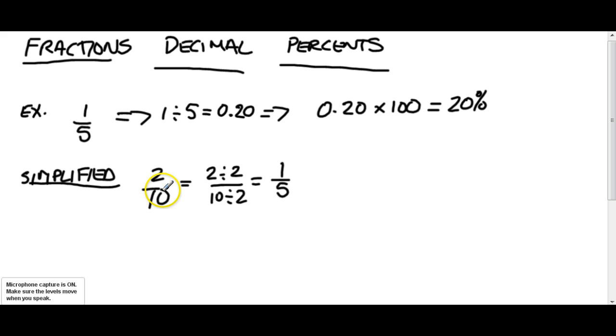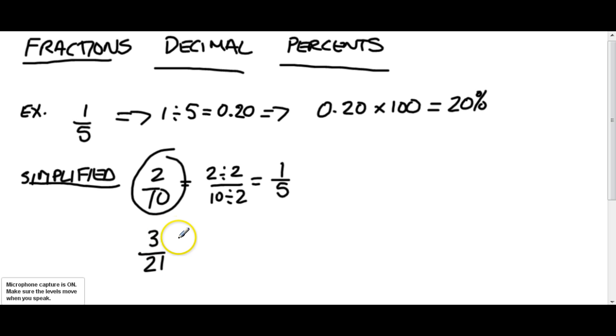Most of these simple fractions you can do in your head, but it's very, very important that when we're dealing with fractions, decimals, and percents, in preparation for learning about probability and odds, we make sure that the fraction is simplified. So if I had something like 3/21, you would look at that and say, I think I've got an odd number on the top and bottom.